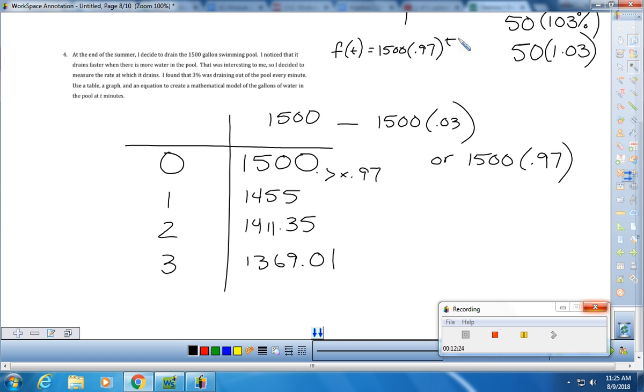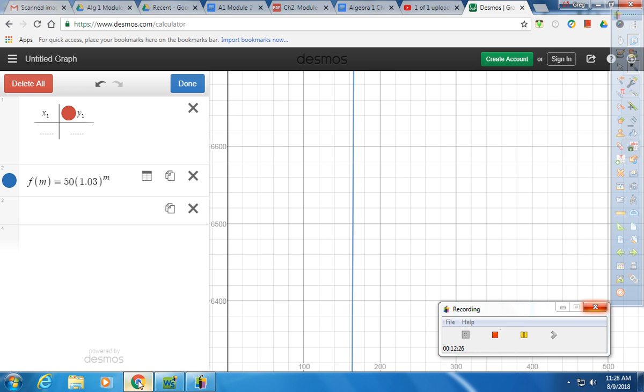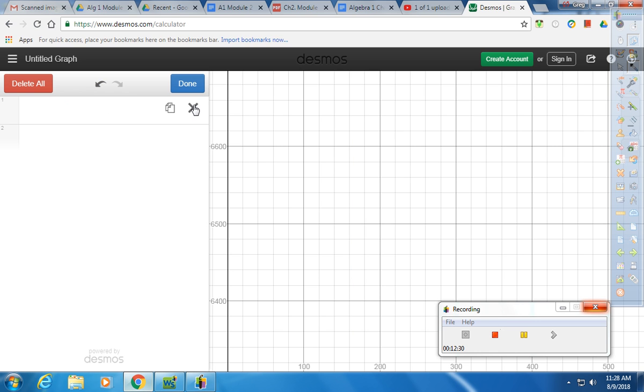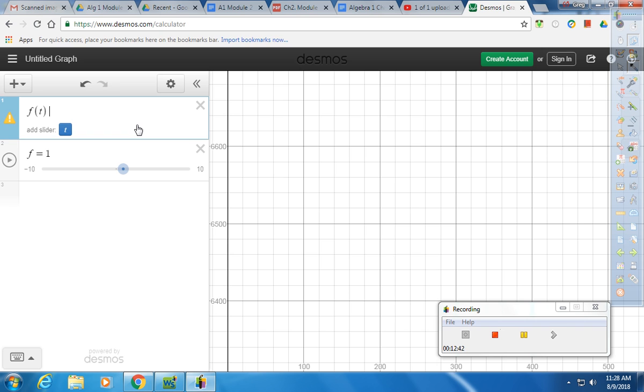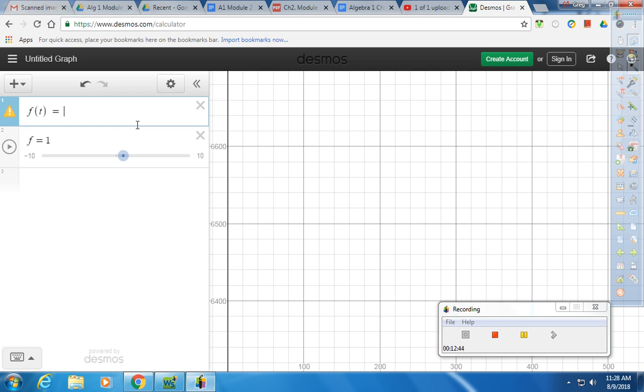If we wanted to graph that, we'll graph that on Desmos. So let's get rid of that, and let's type in f of t equals 1,500 times 0.97 to the t power.